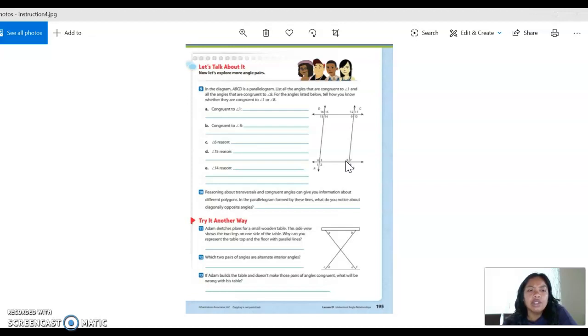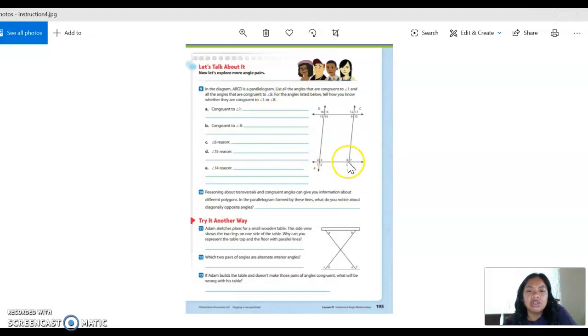Letter C, D, and E, they're asking you, these angles are congruent to either angle 1 or angle 8, and you have to let me know why. For example, this one here, angle 6. Why is angle 6 congruent to one of them? We have to figure out which one. Is it angle 1 or angle 8? Here's angle 6, and here's angle 8.